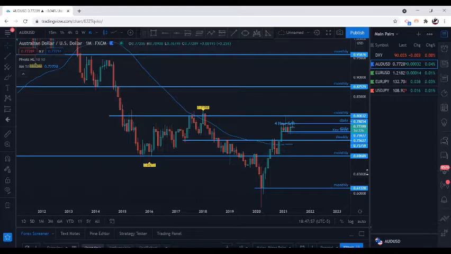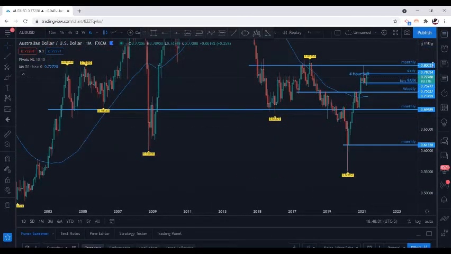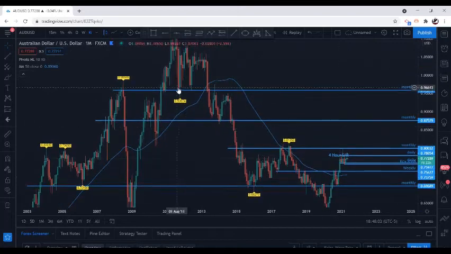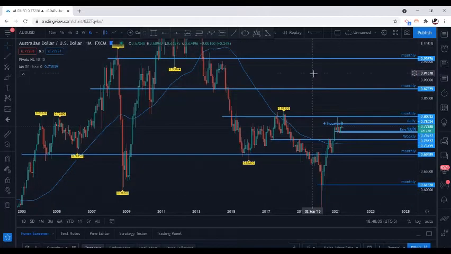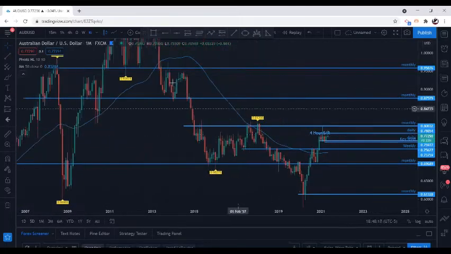So on the monthly chart here, we can see that we had a monthly level right here, another monthly level here, and all of these monthly levels are just areas in the market where I saw price react to more than once.